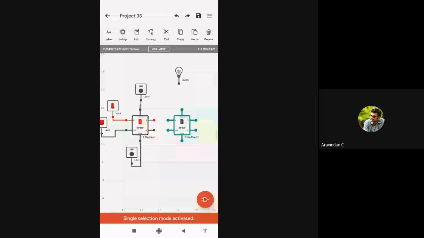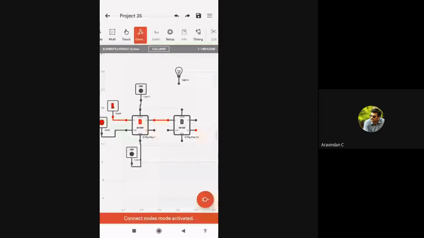The first flip-flop is connected to the second flip-flop. That is, the output of the first flip-flop is connected to the input of the second flip-flop. So I have connected the output of the first flip-flop to the input of the second flip-flop.